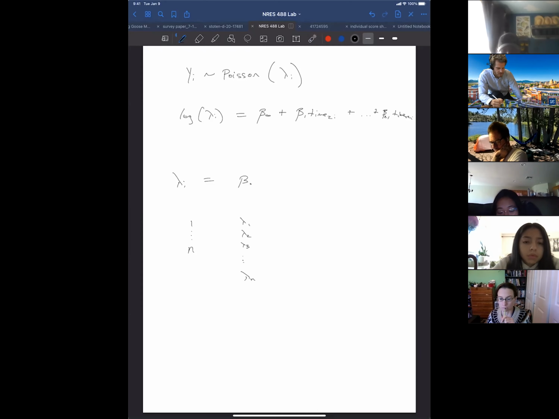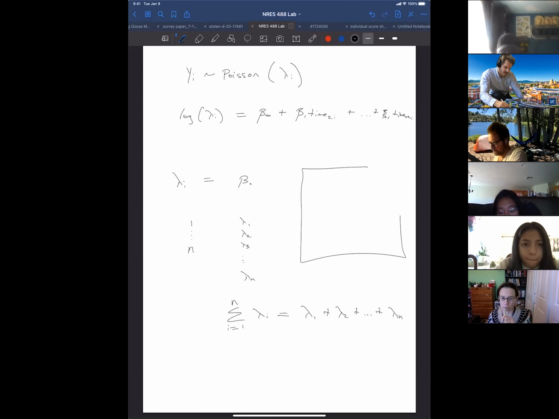So to get the expected value for the entire Glacier Bay, you first have to figure out what the expected value of your sampled area was. So you have the sum of lambda from i equals 1 to n, and this is basically saying lambda 1 plus lambda 2 up to lambda n, right? And that'll give you how many sea otters you expect to find at each area you sample.